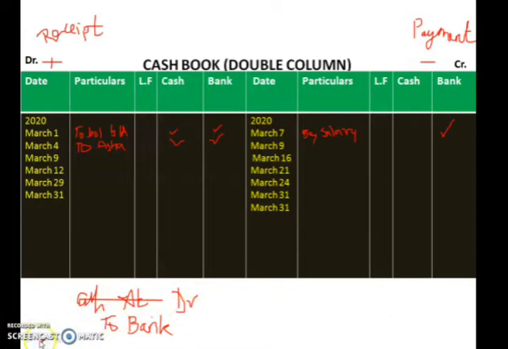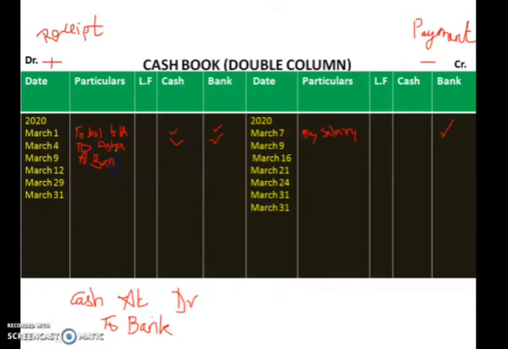Okay, if it is difficult for you to understand, cash is debited over here. So on the cash account, this is cash book, cash account debit side, I have to write to bank. Okay, to bank.